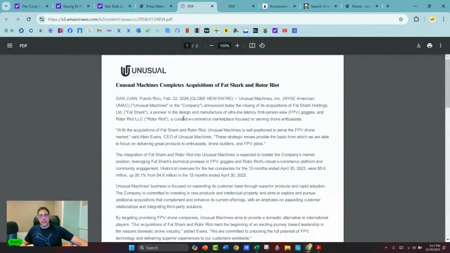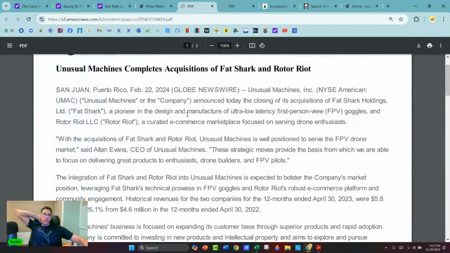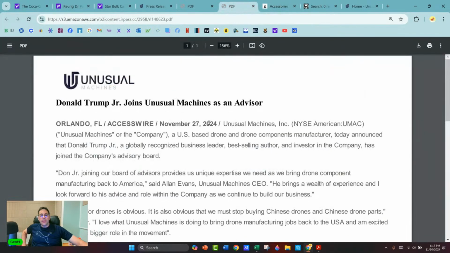Okay, so that makes sense. No one would ever think of Unusual Machines when they think of drones. But Fat Shark, I'm sure if you're into drones, you probably know Fat Shark. So they bought these companies.